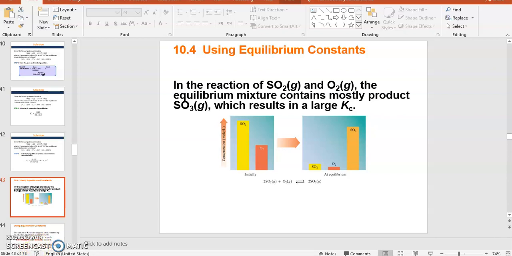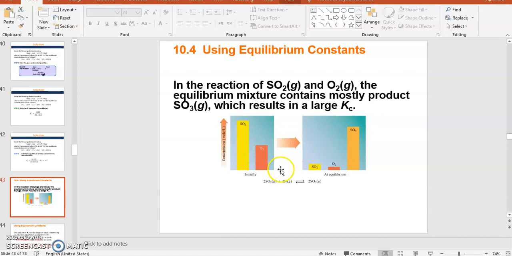How to use the equilibrium constant? So, for example, this is SO2 plus O2 give you SO3. Initially, these are the concentrations of the reactants, SO2 and O2. As you can see, they're very high.